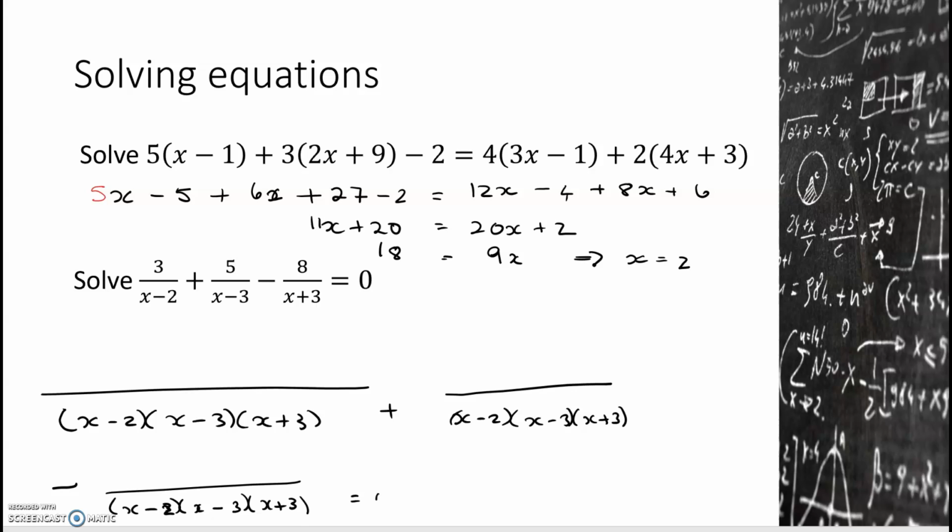Okay, the first fraction, it was over x minus 2, so we've got to multiply the top and bottom by the other two, so x minus 3, x plus 3. The second fraction, we need to multiply 5 by x minus 2 and x minus 3. And the third one, we need to multiply 8 by this one and that one.